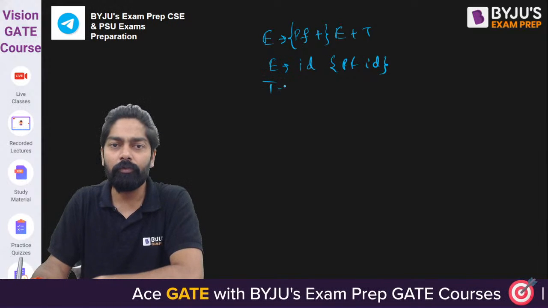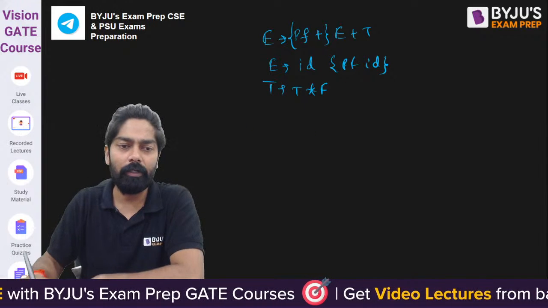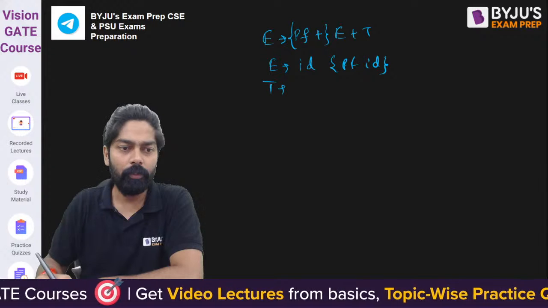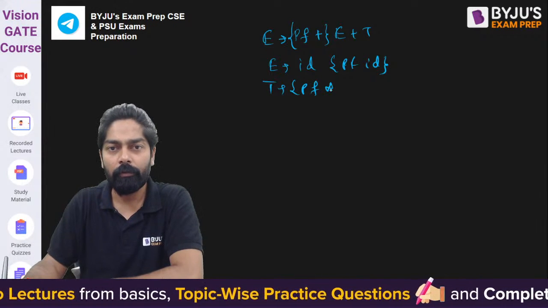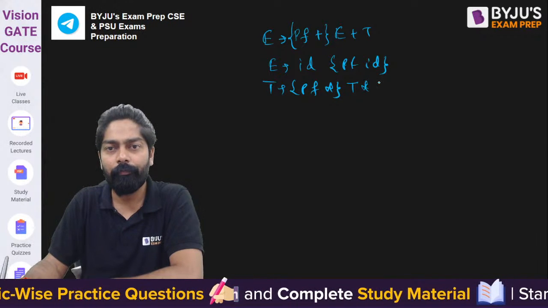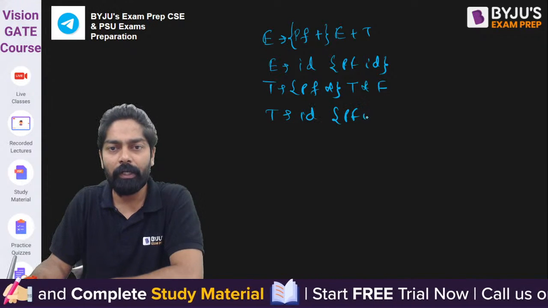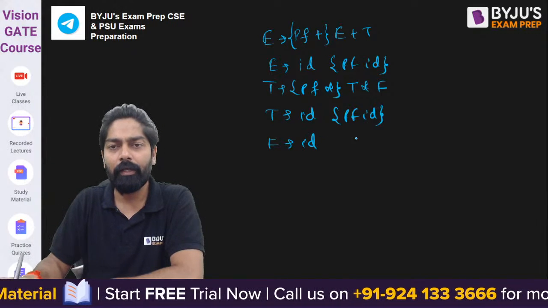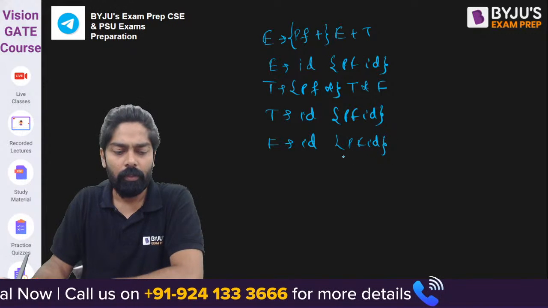Now T goes to T star F, and you can write printf star. T goes to ID, so I'm writing printf ID, and F goes to ID, which is also printf ID.